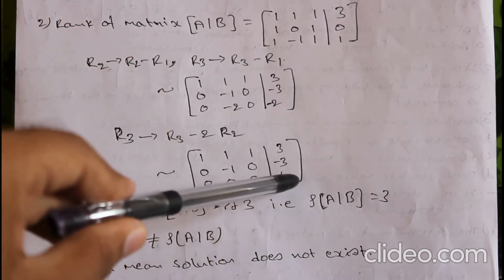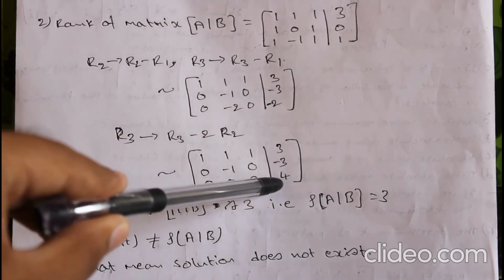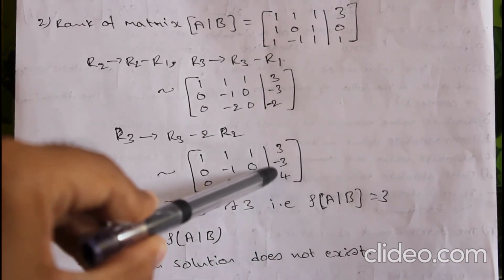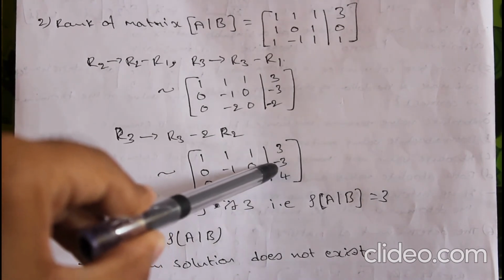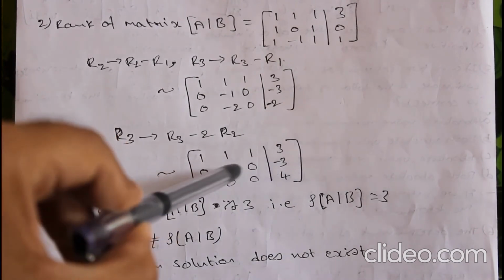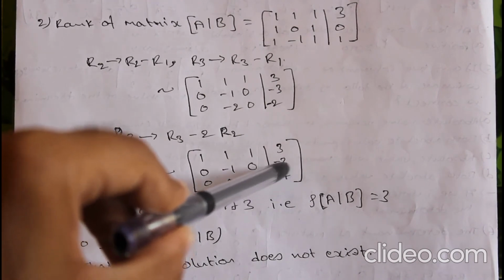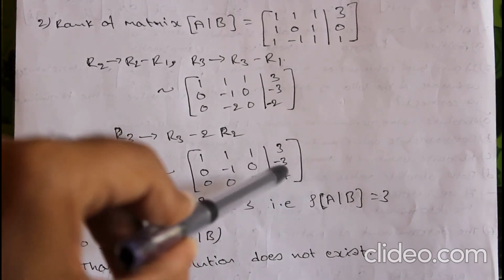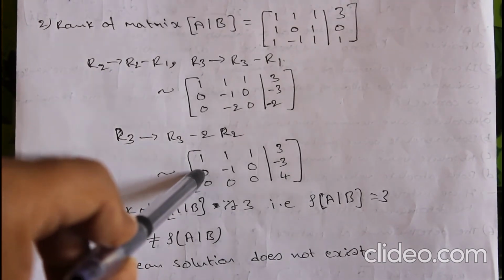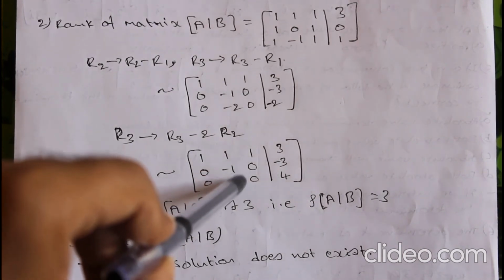Now we have to make this an upper triangular matrix. Now try to make this element 0. How is it possible? Multiply row 3 by 3, so 3R3 plus 4 into R2. Multiply the second row by 4 and add. Then we can make this element 0. But let us see what is happening. 3 into 0 plus 4 into 0 is 0. 3 into 0 plus 4 into minus 1, so minus 4.